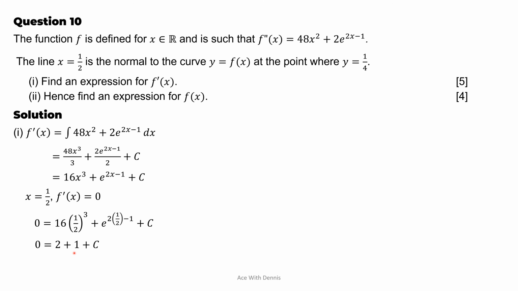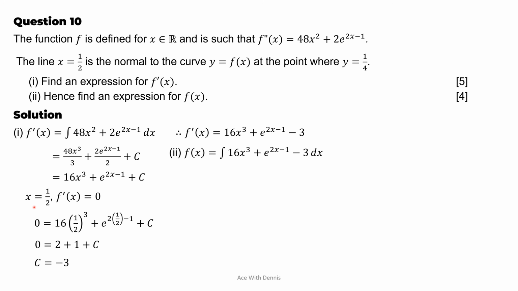So we get 0 equals 2 plus 1 plus c, therefore c equals negative 3. Therefore, f prime x equals 16x cubed plus e to the power 2x minus 1 minus 3.